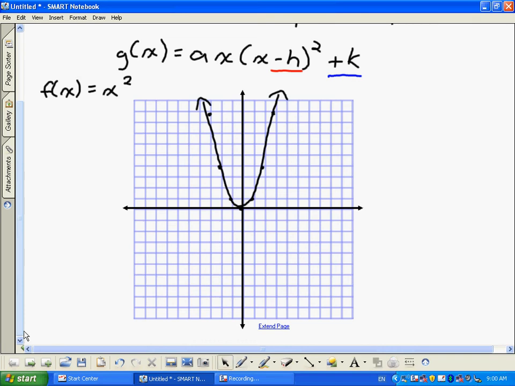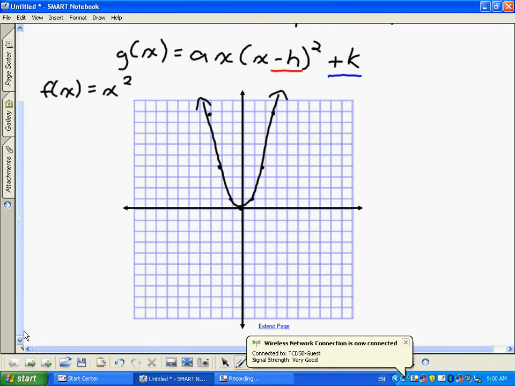Our H deals with moving right and left on the x-axis. So an example of that, x, and we'll go -4. So if I have -4 on the H, remember, with H we think opposite. So if it is a -4, we're actually moving in a positive direction.